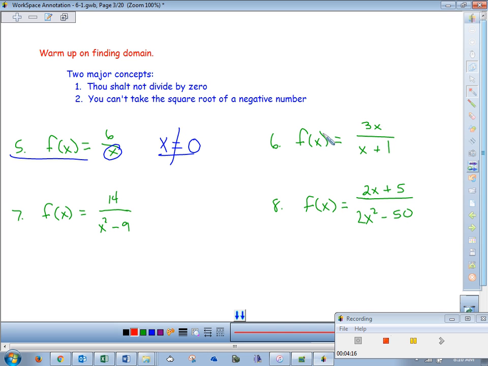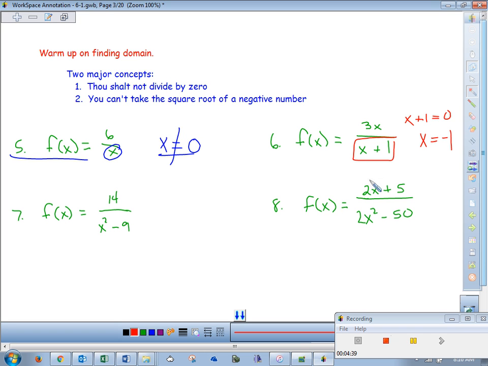Check out this guy. Are there any x's in the denominator? Yes. This is the entire denominator. Set it equal to 0 because that's what we can't let x equal, right? So solve for x. What would you get when you solve for x? x equals -1, because if you put -1 in for x, wouldn't that give you a denominator of 0?